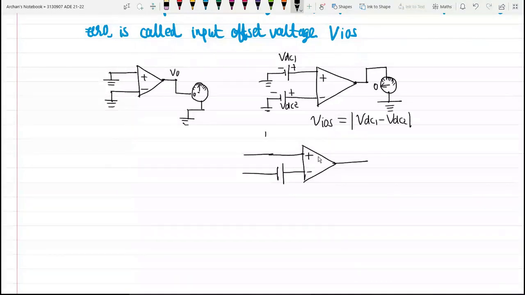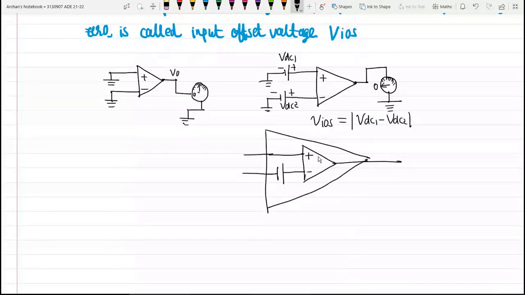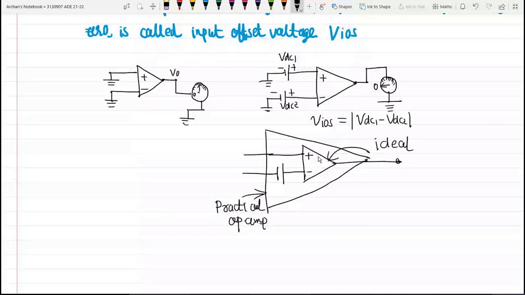Okay, so this will be our practical op-amp, like this. The outer one is the practical op-amp and the inner one is the ideal op-amp. Okay, so this was the concept of input offset voltage.